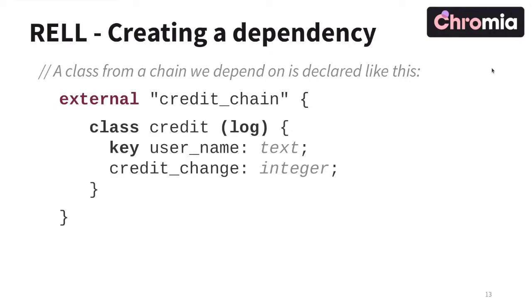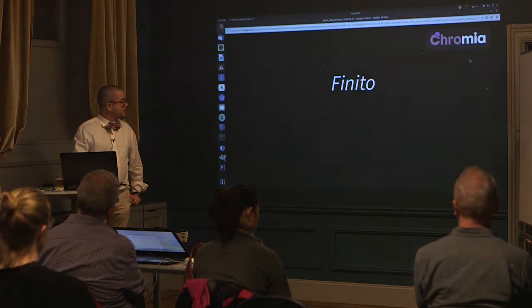But we can only read from it. Also, notice this keyword log, which means that this is an immutable table. It won't ever change, because if it was mutable, we couldn't really rely on it from a dependency point of view. Can you use the keyword in your own database as well? Yes. Log is for everything.